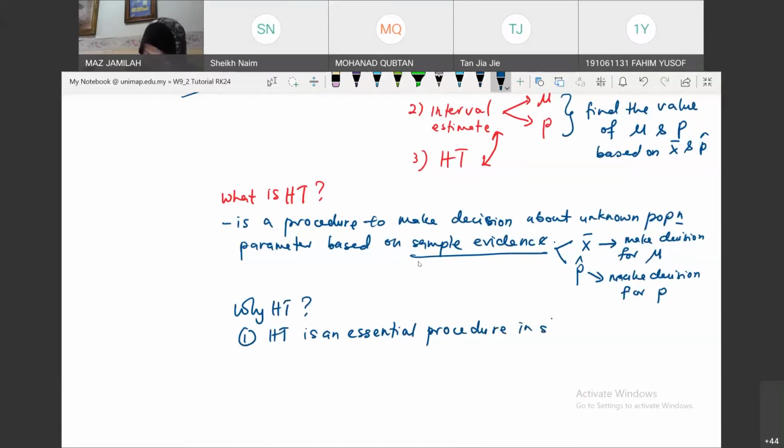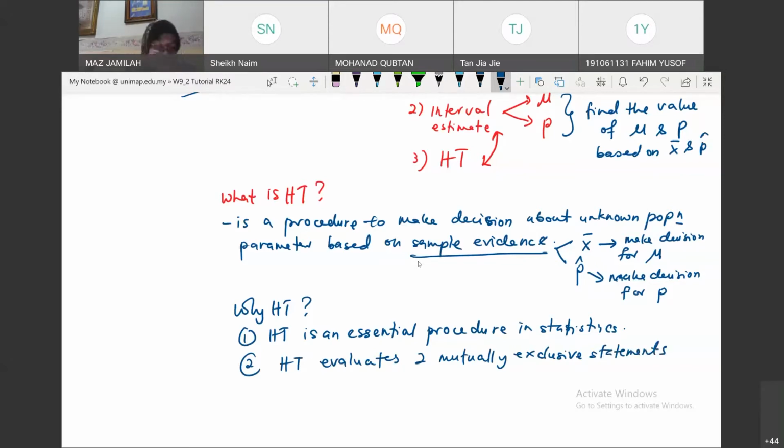Second, HT evaluates two mutually exclusive statements. Now, this is very important.